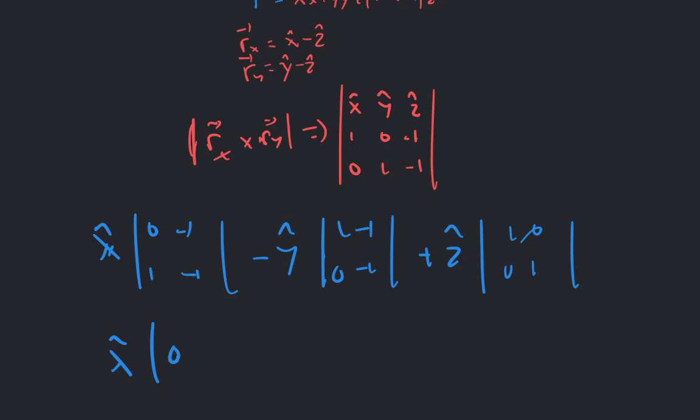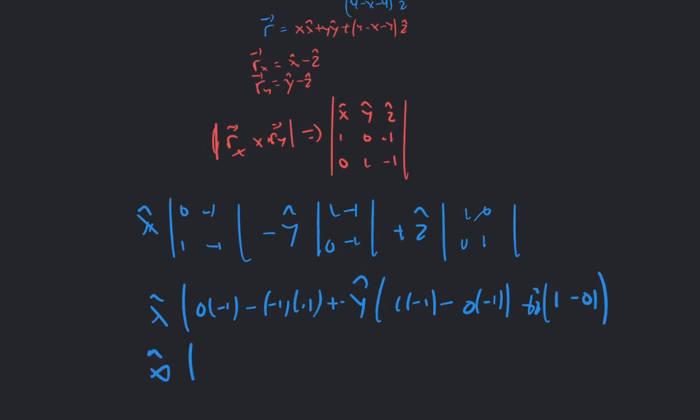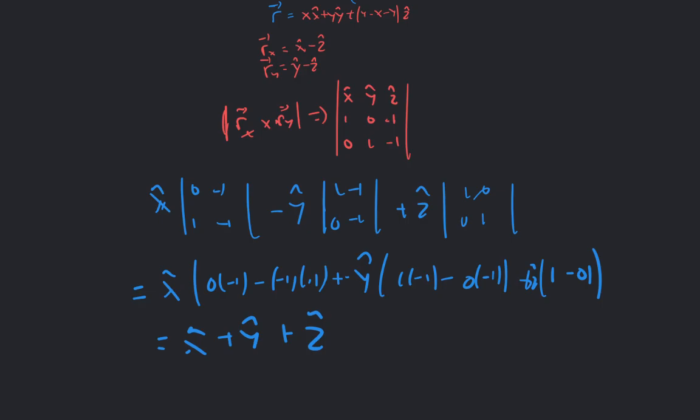This would be 0 times negative 1 minus... when it's all said and done, we should end up with x unit plus y unit plus z unit, because this becomes a positive, this becomes a positive, and then that's just a positive.